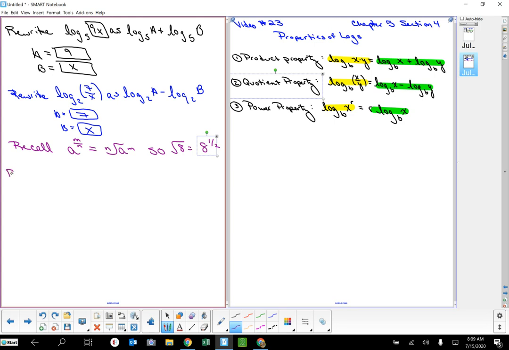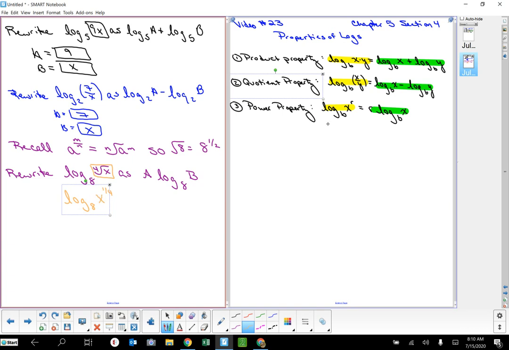Here's why. Rewrite log base 8 of the 4th root of x as a log 8 of b. Well, the first thing I would do if I was doing this is rewrite this with an exponent. So this is really log base 8 x to the 1/4.